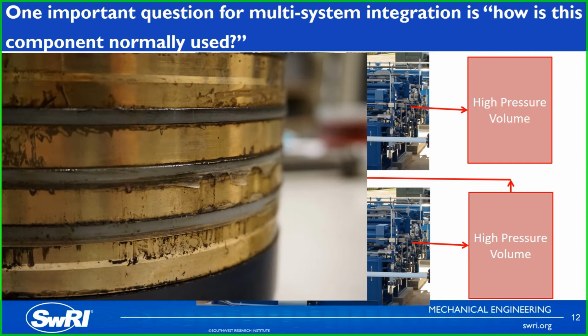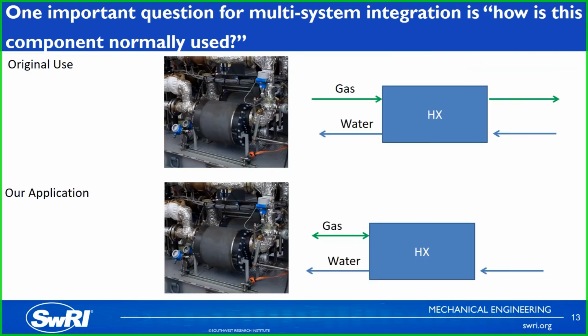And so we found this out during the commissioning process and updated the seals we were using. But again, had we thought of how this component is normally used, we might have done a better job at identifying this before the commissioning process itself.